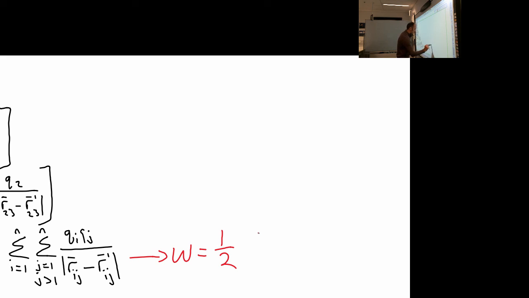Which would be the sum i is equal to 1 up to n of qi by the potential at i. Okay, so this is the work that will be done to assemble some distribution of point charges, but of course it's also the work that will be done in order to dismantle that collection of point charges.